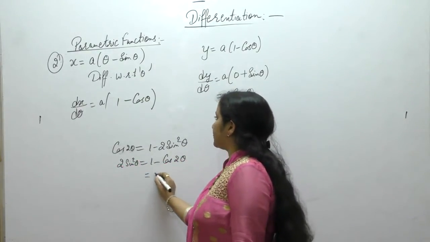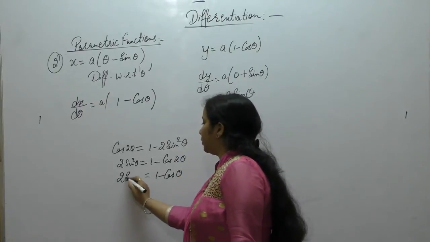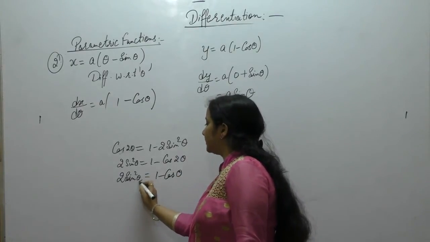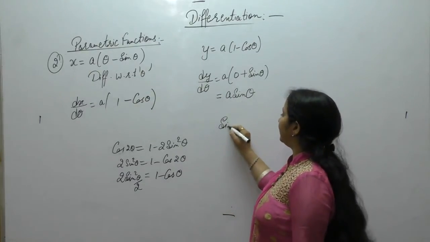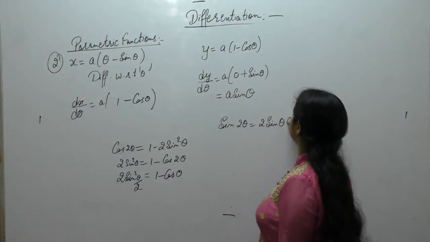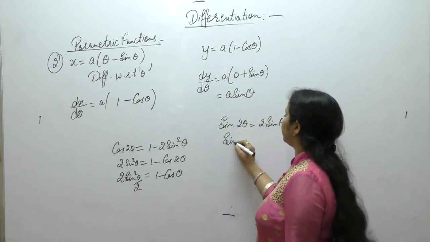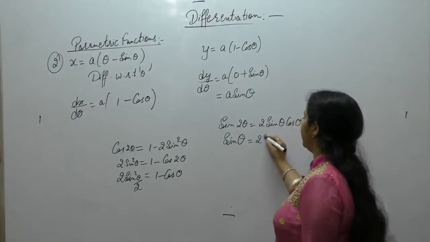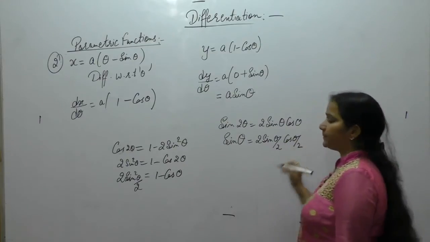Now 1 minus cos theta, the angle is half. So here we get 2 sine square theta by 2. Now what is our formula for sine 2 theta? 2 sine theta cos theta. Now the angle here is half. So we want to find the value of sine theta, that is 2 sine theta by 2 cos theta by 2.